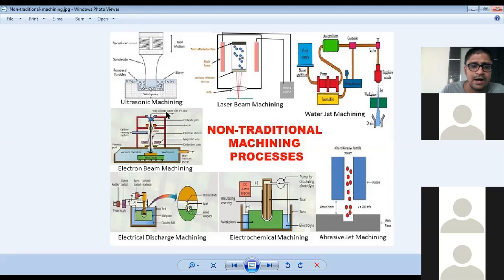A tool is made of hard material, right? Maybe tool steel, sometimes maybe copper, and so on. And the mechanical energy is given to this ultrasonic transducer, and you can see that a frequency of more than 20 kilohertz is applied, and it gives reciprocating motion.